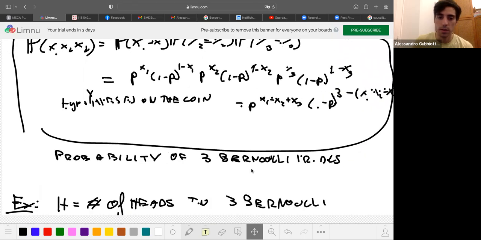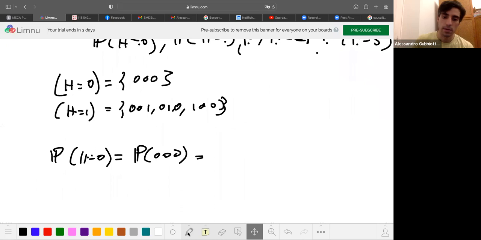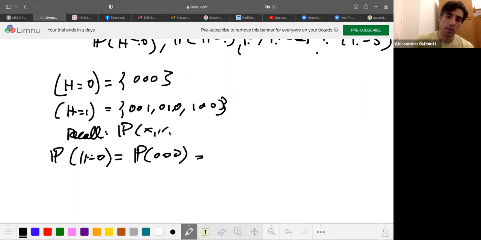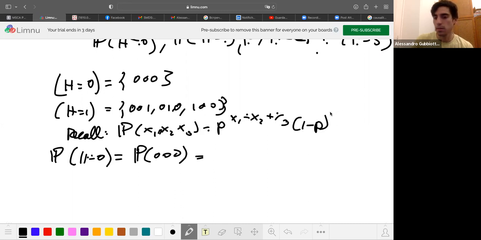So recall: the probability of x1, x2, x3 is equal to p to the power x1 plus x2 plus x3 times 1 minus p to the power 3 minus (x1 plus x2 plus x3).